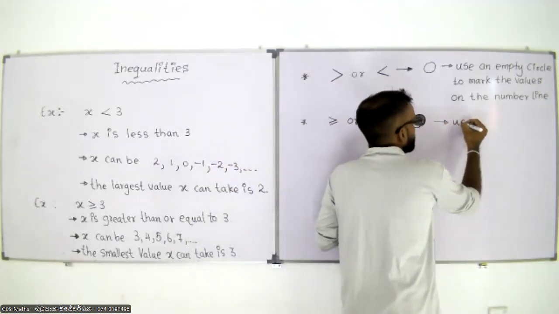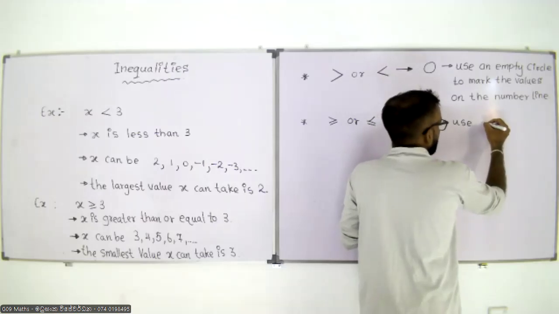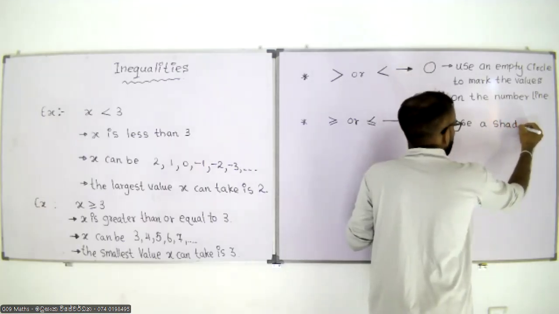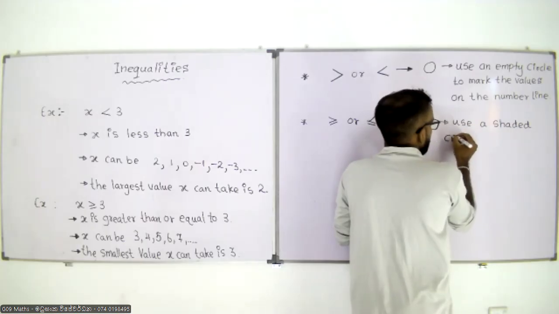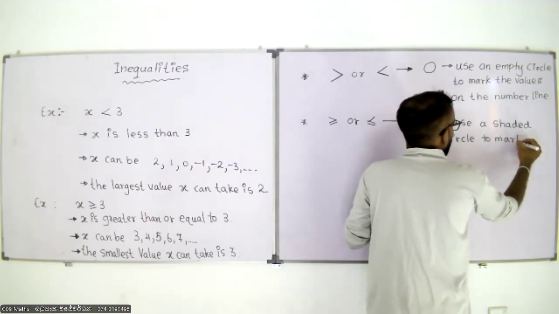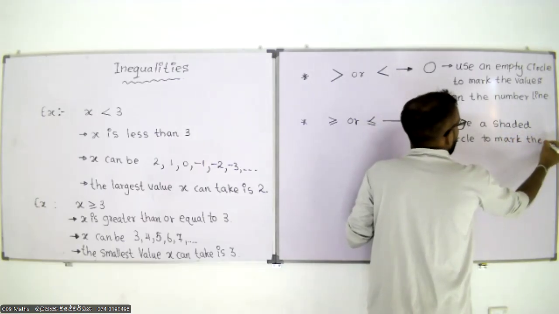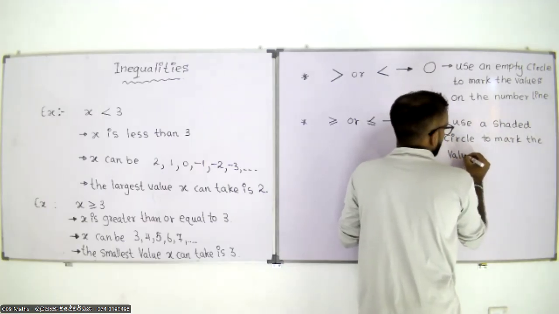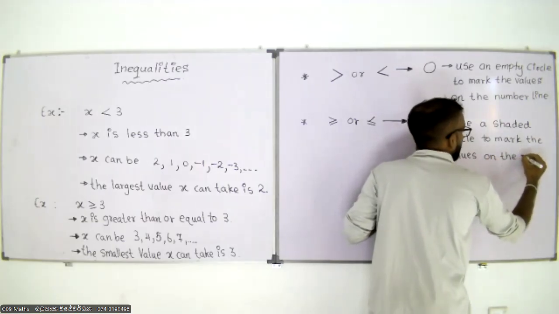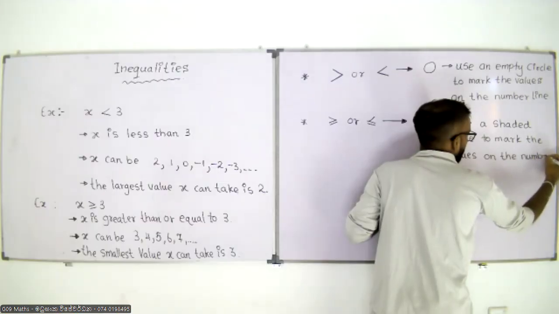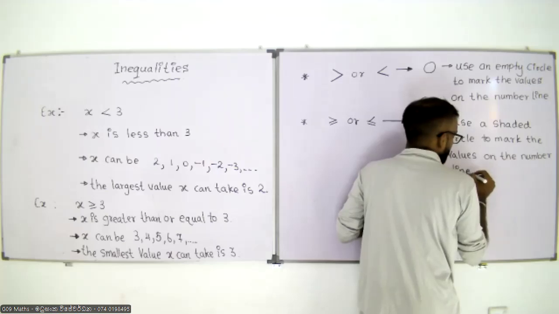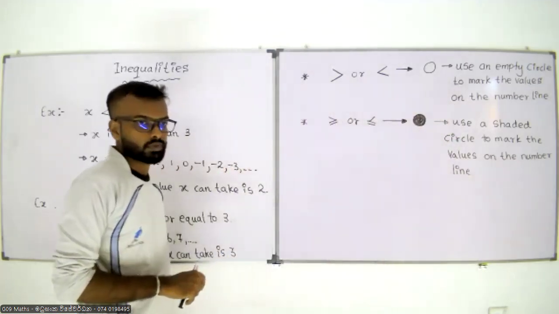So use a shaded circle to mark the values on the number line, right?